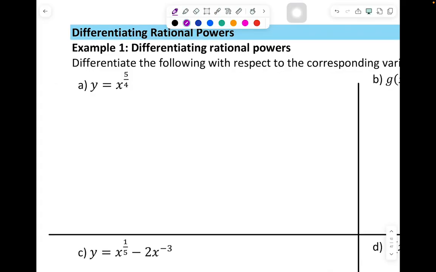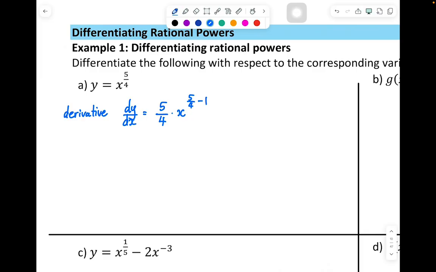Now, differentiating this, I might write the extra steps in between. But essentially, what we want is the power to be expressed as a fraction before we go to find the derivative. In this case here, we take the power, we multiply it at the front, and then we subtract the power by 1.